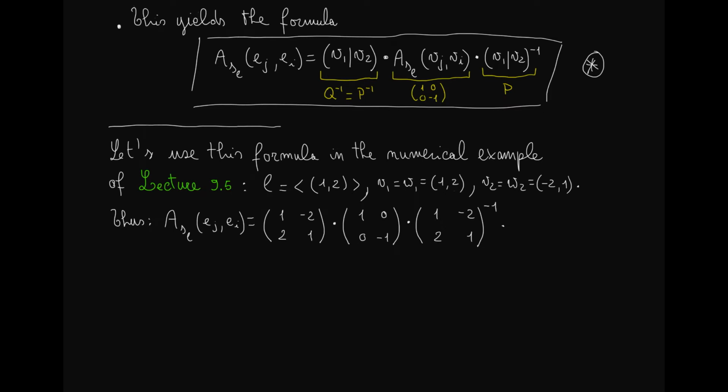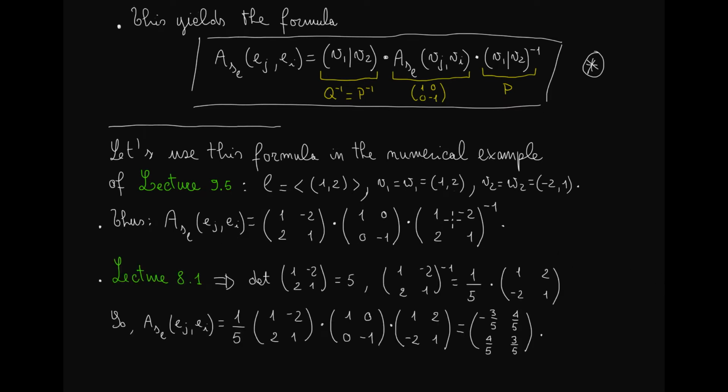So we expand that, and in order to compute P, which is the inverse matrix of this matrix, we use the formula of lecture 8.1, and we end up getting that the inverse is 1 over 5 times [1, 2; -2, 1]. So the associated matrix with respect to the canonical basis ends up being the following matrix right here.